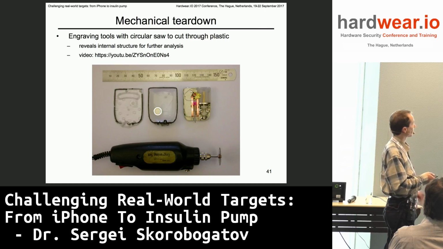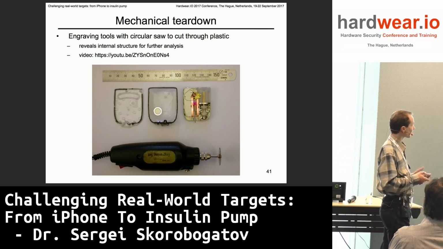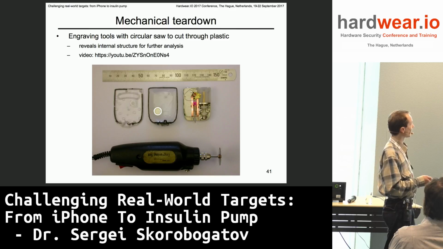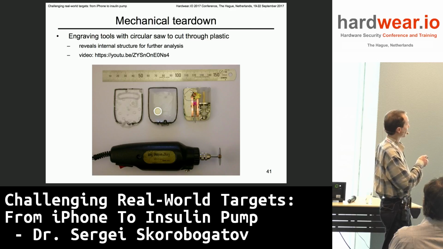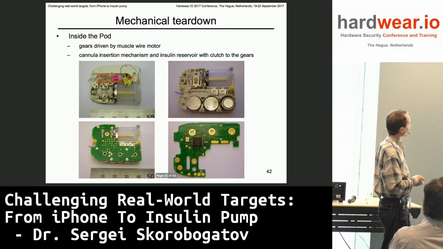So the first step was to open up the pod to see what is inside, and that can be achieved with relatively simple engraving tools with a circular saw attached to it. You just cut the plastic around, and the video of the process is available on YouTube.